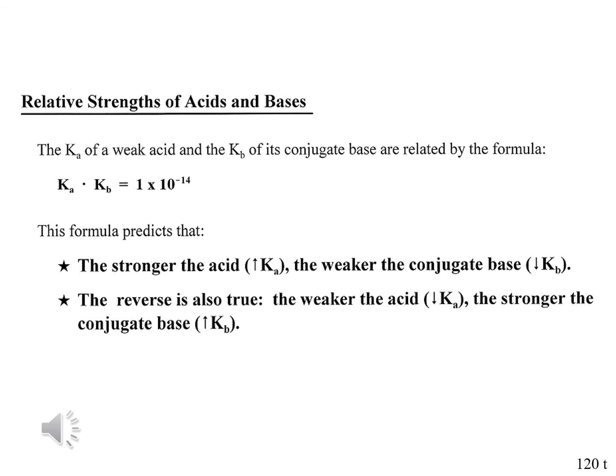And the reverse is also true. The weaker of the two acids is going to have the stronger conjugate base. I want to show you that with an example that you don't even have to have numbers for. You can do it in your head.